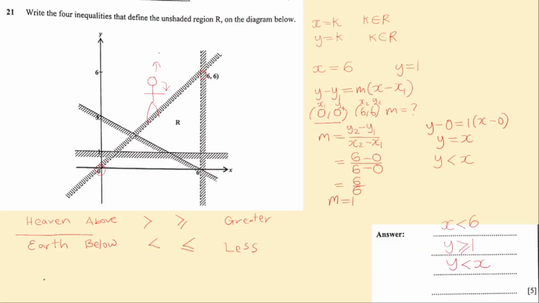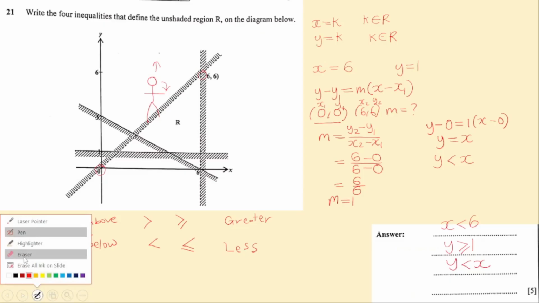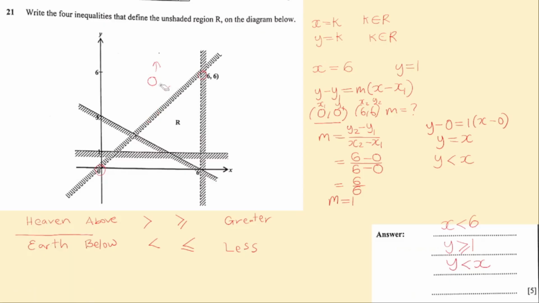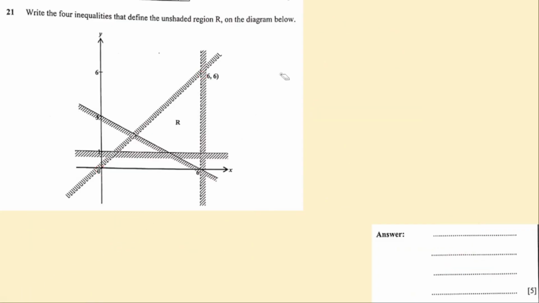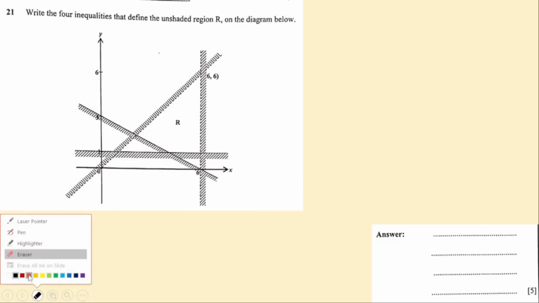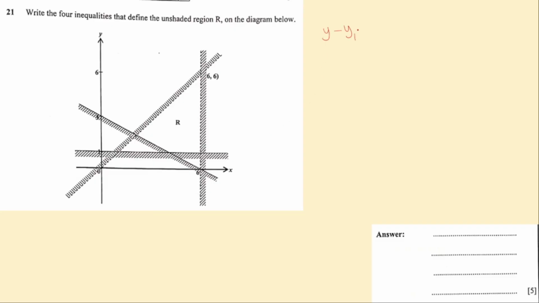Let's look at the last inequality. The last inequality, we're going to use a different slide. Again, we're going to use the gradient-point form formula to find the equation of the boundary line. So we have that point and that point.